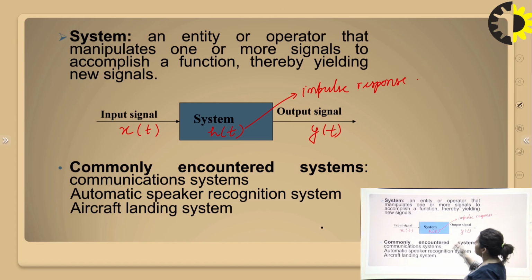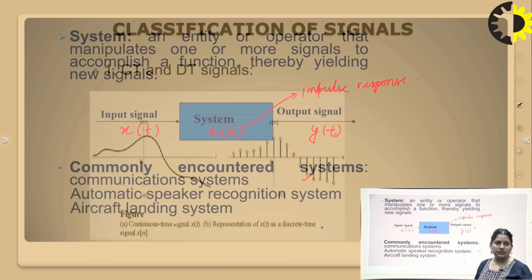Whenever we give any input to a particular system, it will give you some response. If it is some impulse type of signal, which we will discuss later on, it will be called the impulse response. So commonly encountered systems are communication systems, automatic speaker recognition systems, aircraft landing systems.